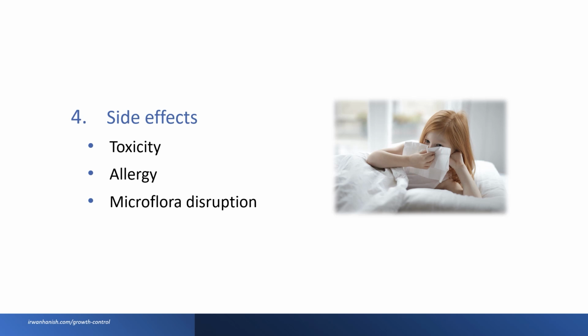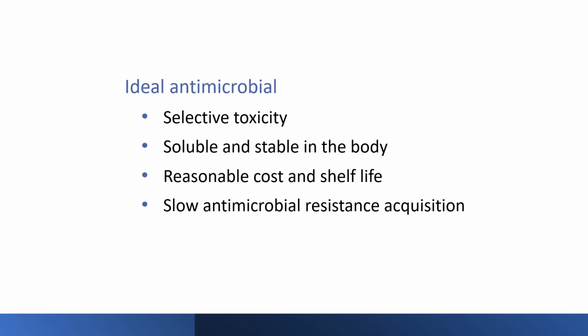We have to look at the toxicity of the chemical agents or whether they can cause allergy, meaning whether the treatment can trigger unintended immune reactions, and finally, whether the chemotherapy can disrupt the microflora we have in our body. So in many chemotherapeutic research, the ideal goal is to discover agents that have selective toxicity, where they are effective against infections but safe for the patients.